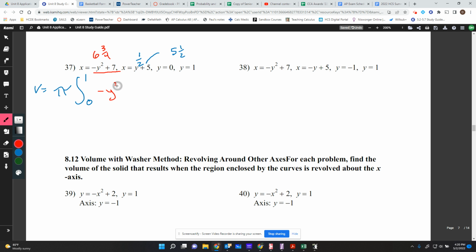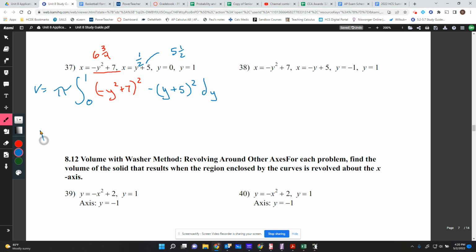So we're going to have negative y squared plus 7, squared, minus the other one, the y plus 5, squared. And this is dy. And just plug that straight in the calculator again.